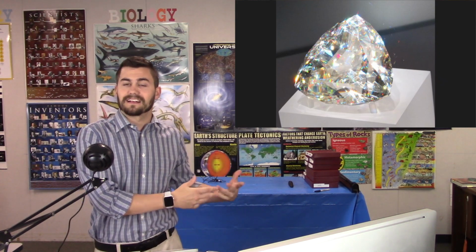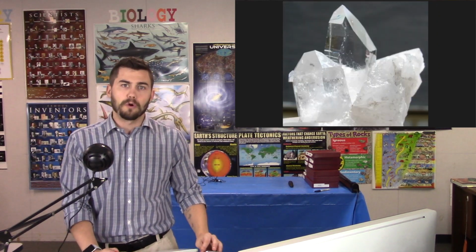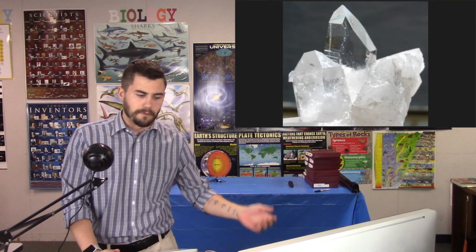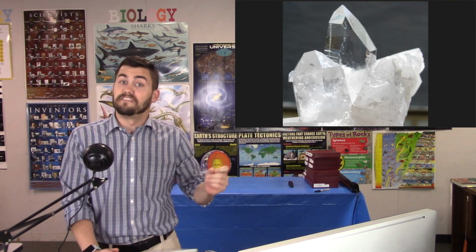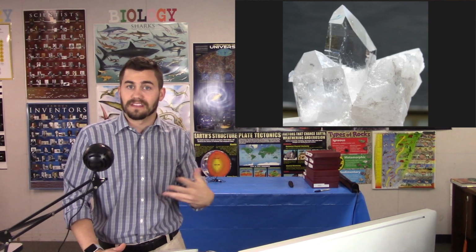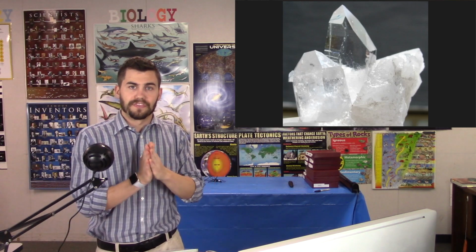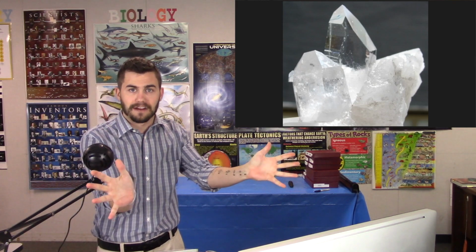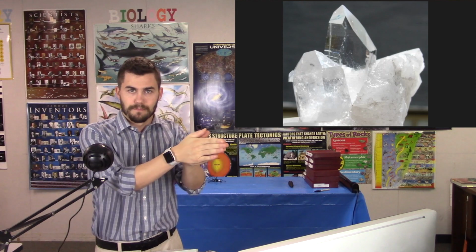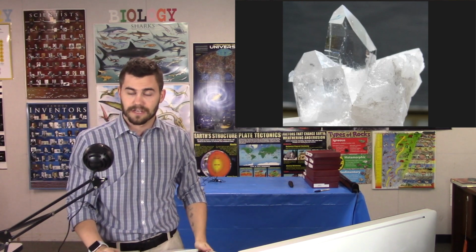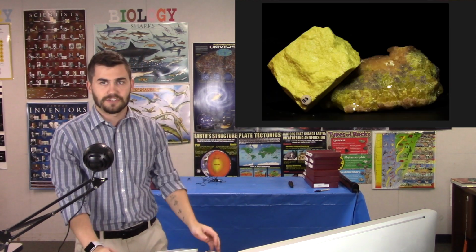And so we see a kaleidoscope, a rainbow inside of that diamond. Whereas quartz and rubies also, they are glassy or vitreous. The light can get bent, but the light waves never refract where they separate. They can just be bent and change direction. So this is glassy or vitreous.